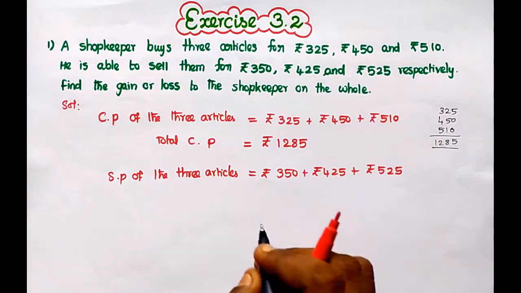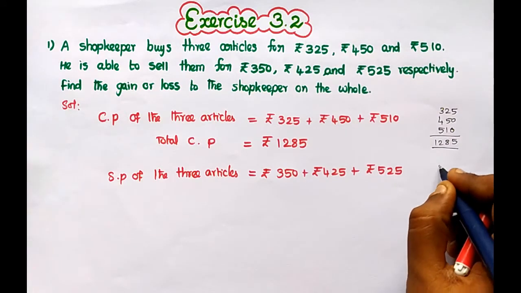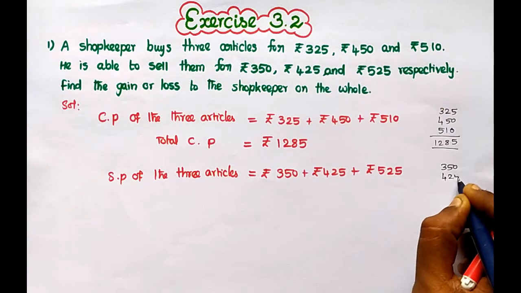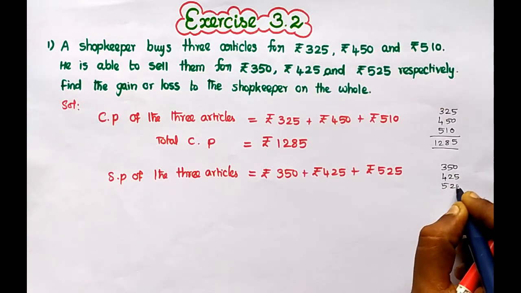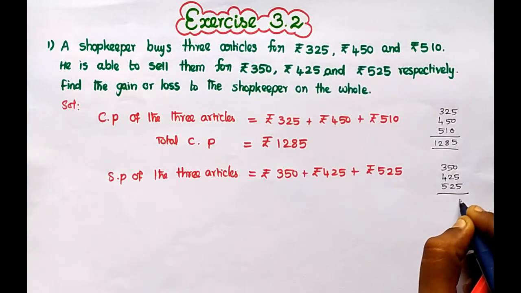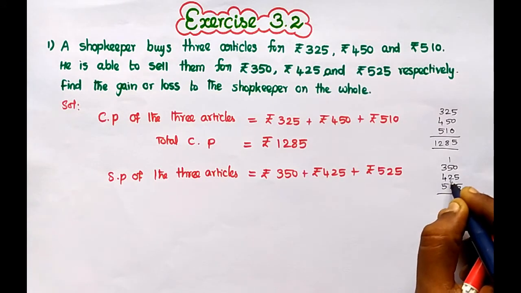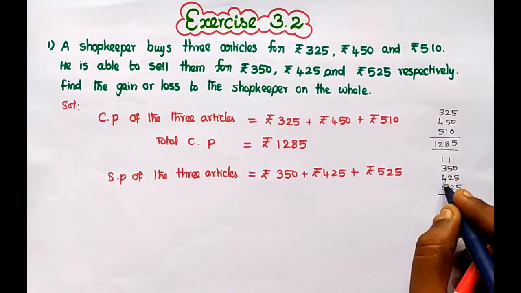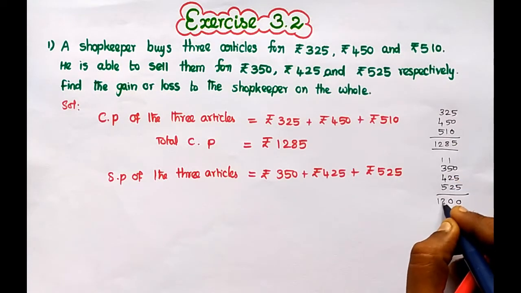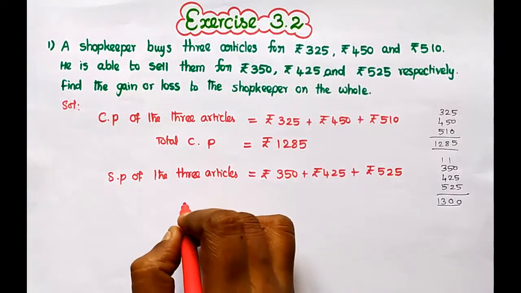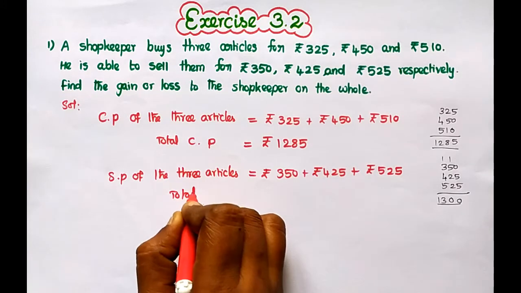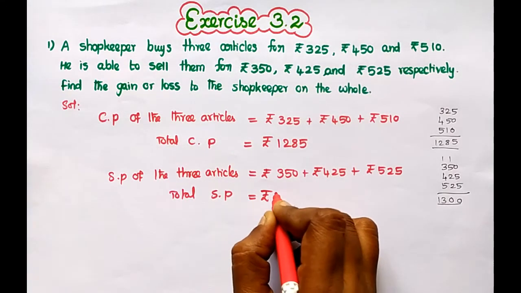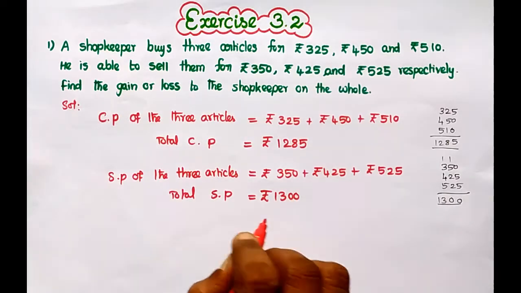Now the total selling price: 350, 425, 525. 5, 5, 10, carry over 1, so 10 here, and 9, 10, 13. So the total selling price is equal to rupees 1300.